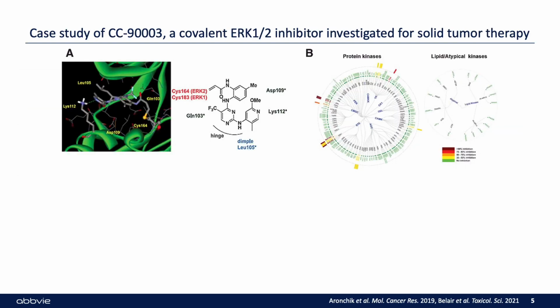A case study is presented here for CC90003, which is a compound that was developed by Celgene, a covalent ERK1/2 inhibitor investigated as a therapy for solid tumors.